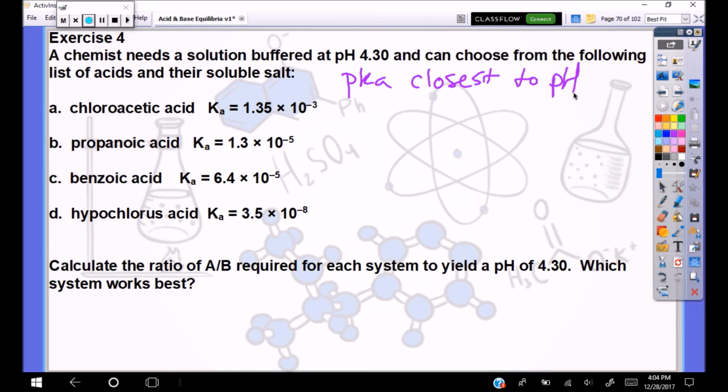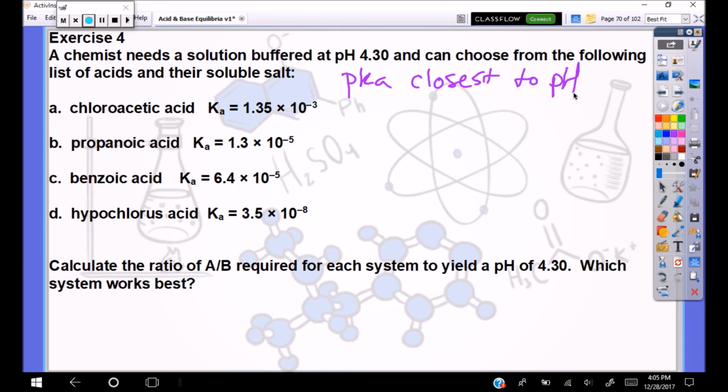So I could go through and calculate all of these. I could do negative log basically of everything, and that would be the easy way out. If I do negative log of each of these, I'd be able to figure out which pK is closest to 4.3.